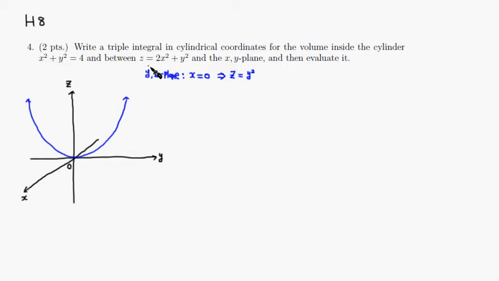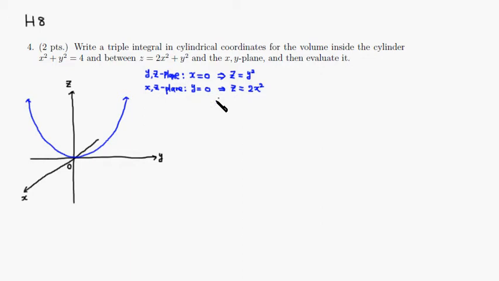We can slice it using the XZ plane if we want. Which means the equation is y equals 0. So put 0 there, and z is equal to 2x squared.